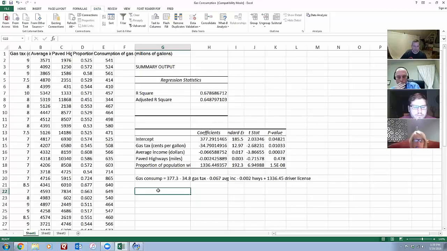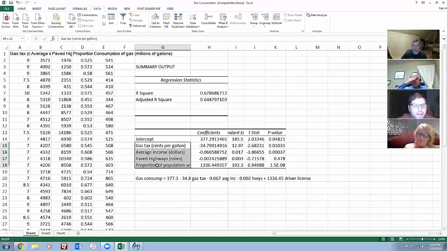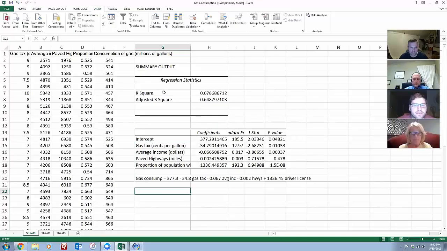The rule of thumb that I was told was if you're using cross-sectional data and you get an R squared about 0.3 or 30% or better, then you're doing a decent enough job. That's just the rule of thumb that I was taught, and it seemed to do a decent job. But again, if you're explaining 2/3 of the variation in gas consumption with just these 4 variables, then that's pretty good. So again, just R squared explains the overall set of independent variables that you have.